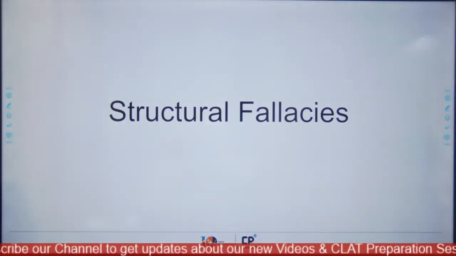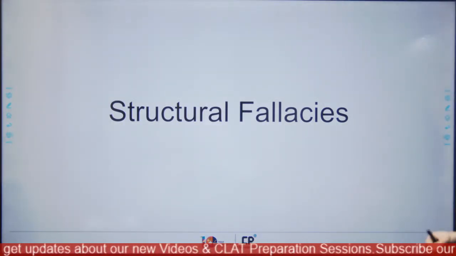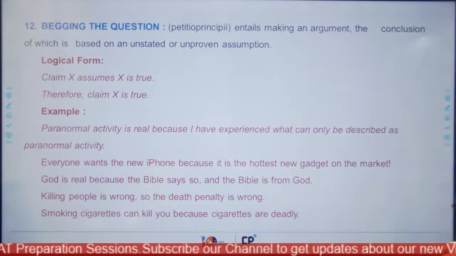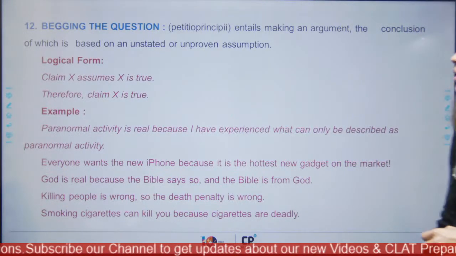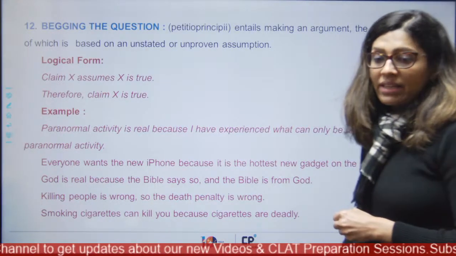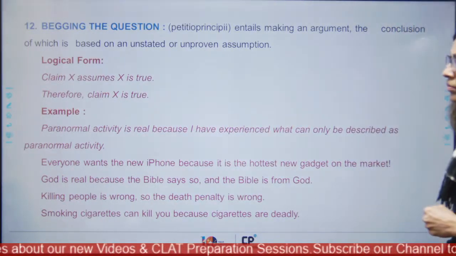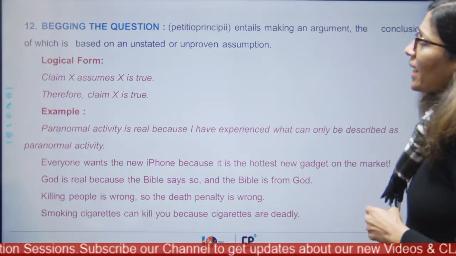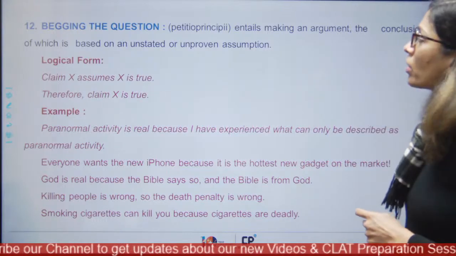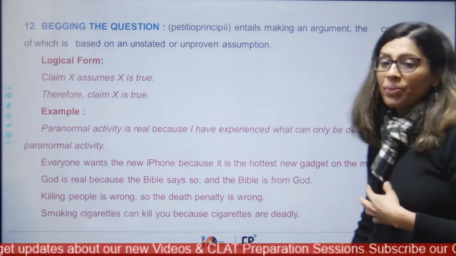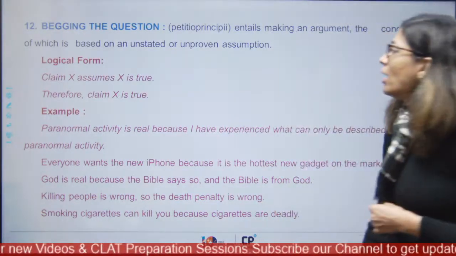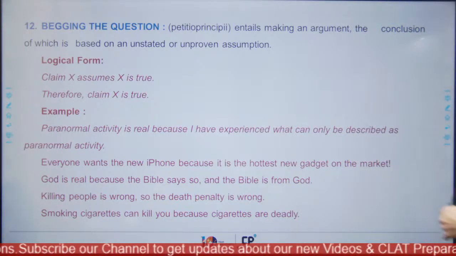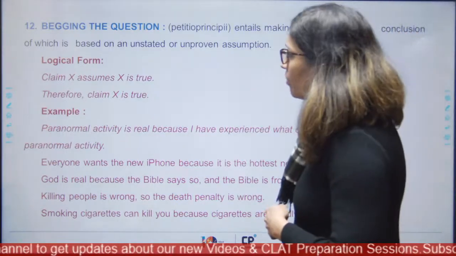So let's start with the structural fallacy list. And the first one that we will take up is begging the question. Now, begging the question, also known as petitio principii, entails making an argument the conclusion of which is based on an unstated or unproven assumption.